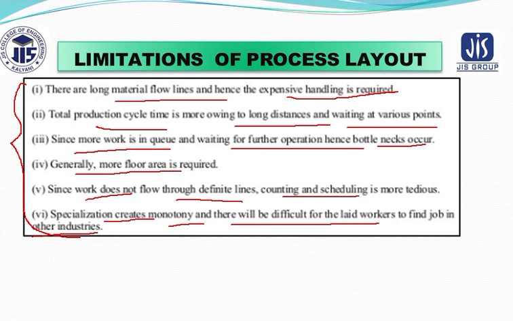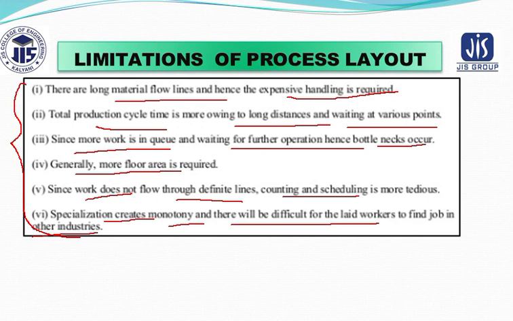So if I summarize the limitations of process layout, then I can say that there are long material flow lines. Hence, expensive handling is required. More space is required for process layout. Total production cycle time is more owing to long distances and waiting at various points.